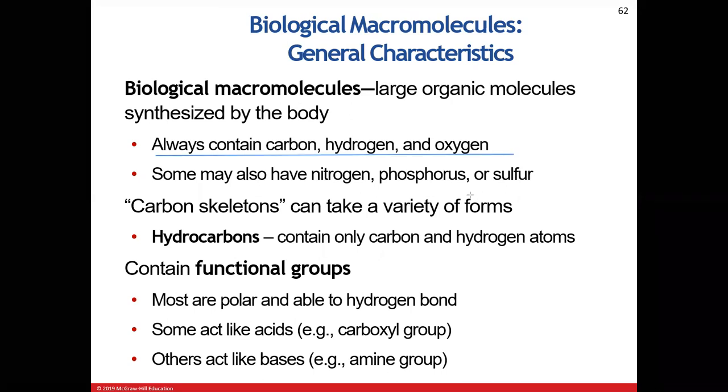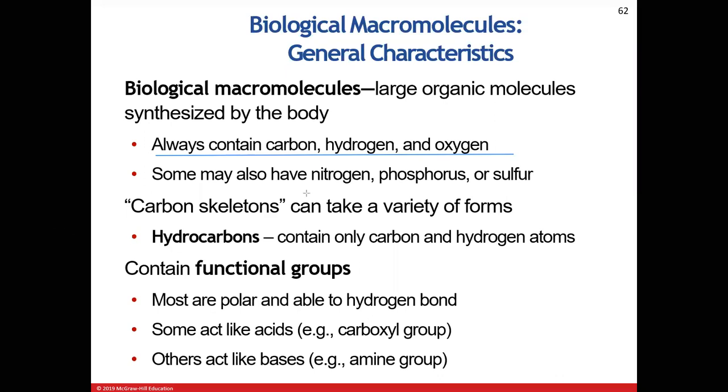where organic molecules always contain carbon, hydrogen, and oxygen. Now, organic chemistry really refers to things that contain carbon. That's what we call organic molecules. But because of the structure of carbon, we oftentimes find hydrogen and oxygen involved.